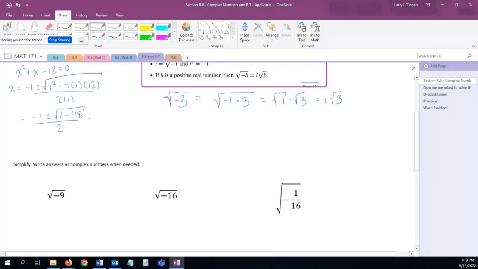Because what happens? 1 minus 48 is under the root, and there's that pesky negative under the even root. When that pops up, the way we handle it is we say the square root of -1 is i, and then we continue the problem. But I'm going to ask this question on another page. So this is what we're after.